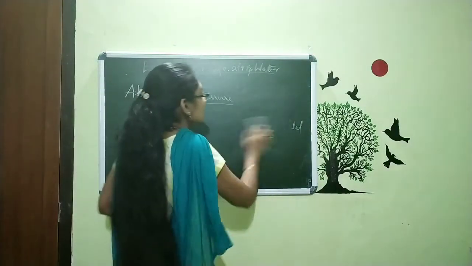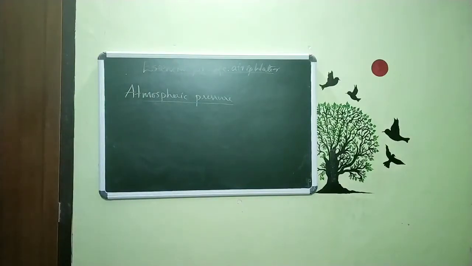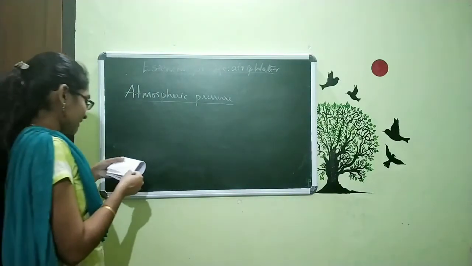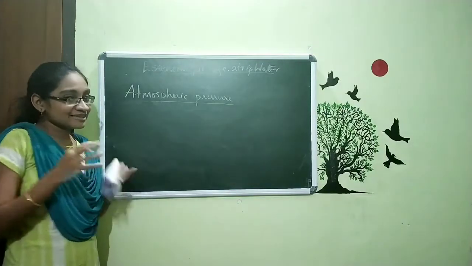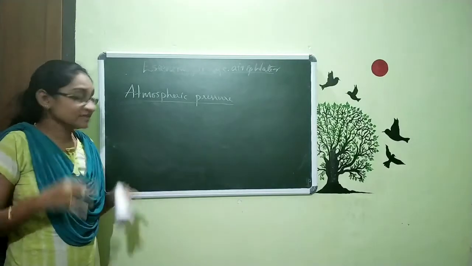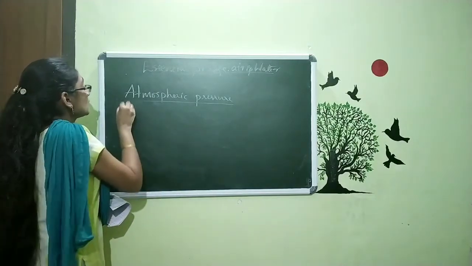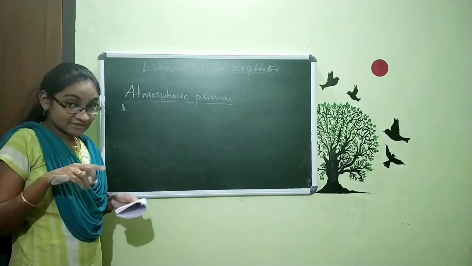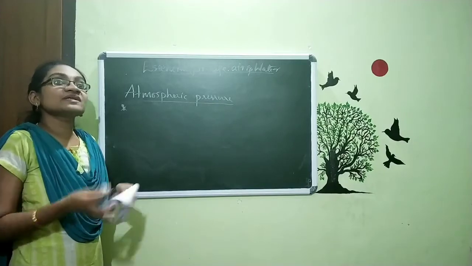That means in what areas does this atmospheric pressure help us? It is also very simple. Within your textbook they are just mentioning the explanation and all. No need of those things. You just want to remember these examples.